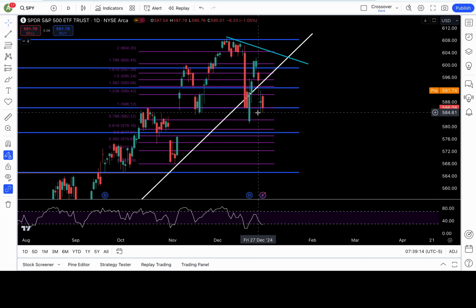Still closing around that area or just above it slightly. We managed to wash below it multiple times, getting down just shy of that 584 level, but could not break it down. I would assume that the neckline is around that area, 586 to the 584 level. So bears, that is the critical level that you would want to pay attention to, in my opinion.